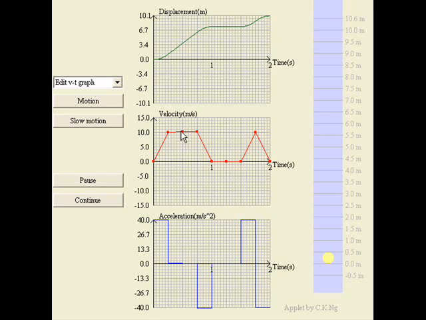Then we've got no acceleration or constant velocity. Then we've got deceleration, which is indicated by a negative acceleration.